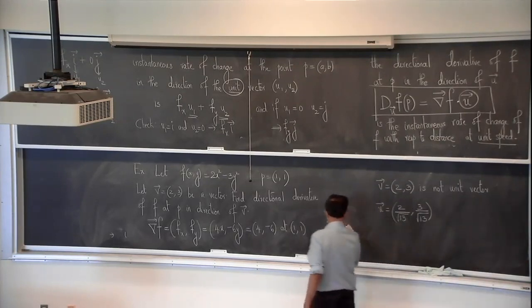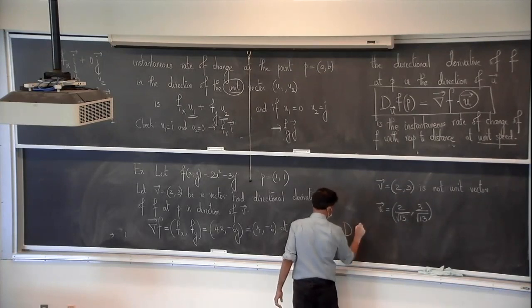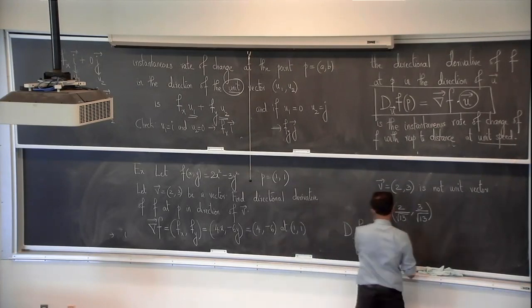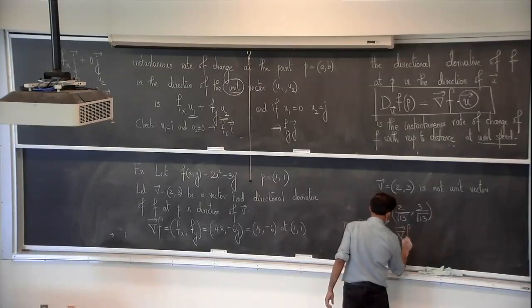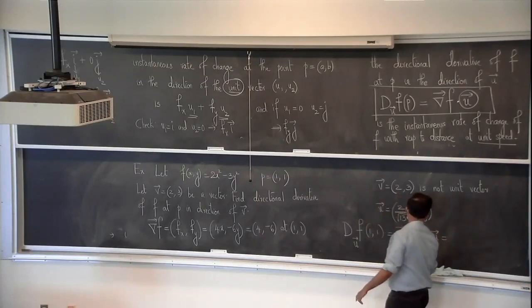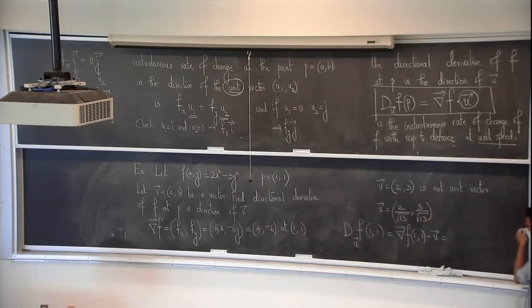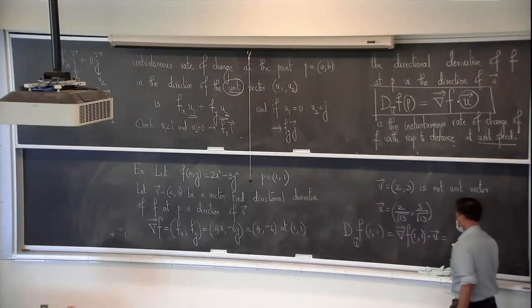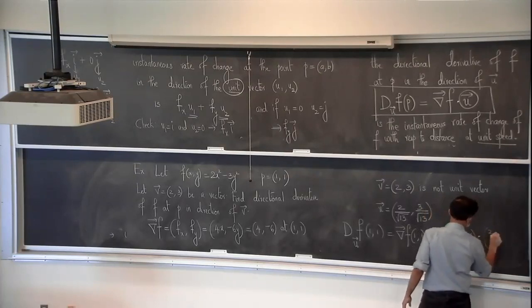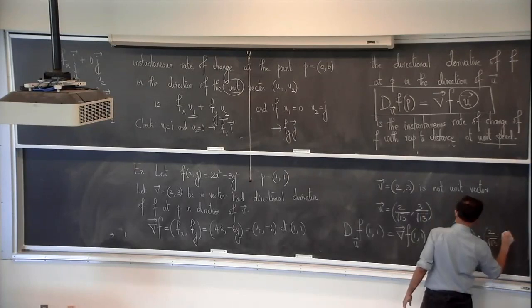So the directional derivative of the function f at the point (1, 1) in the direction of this unit vector u is the gradient of f at the point (1, 1) dot u. There's an easy way to put all this hard work to no use if you do the following. (4, negative 6) dot (2 over root 13, 3 over root 13).